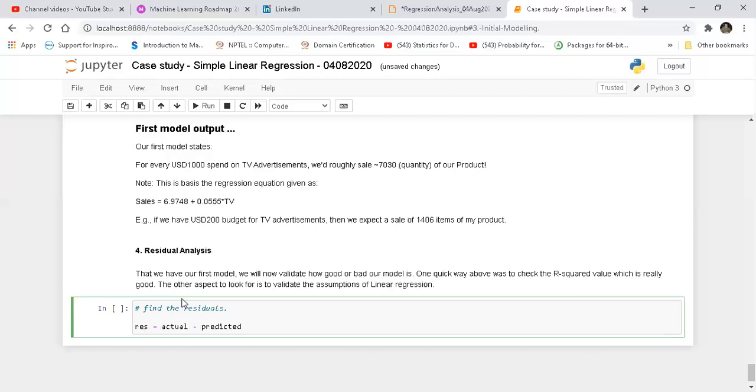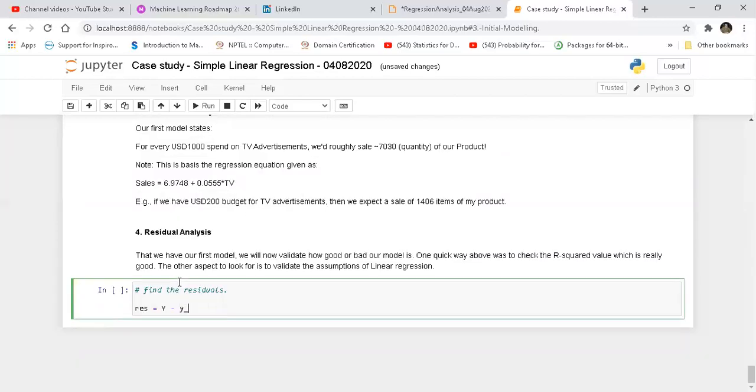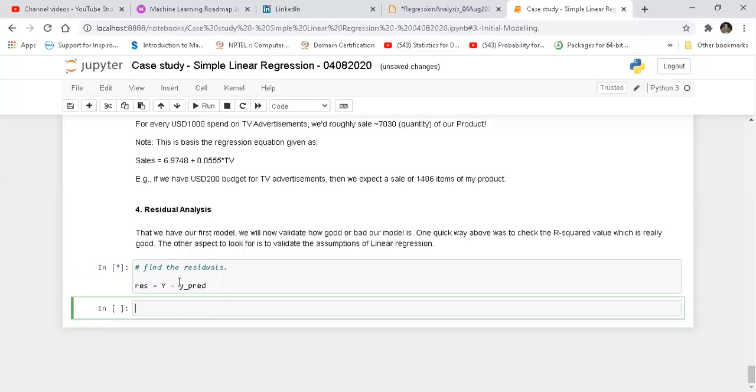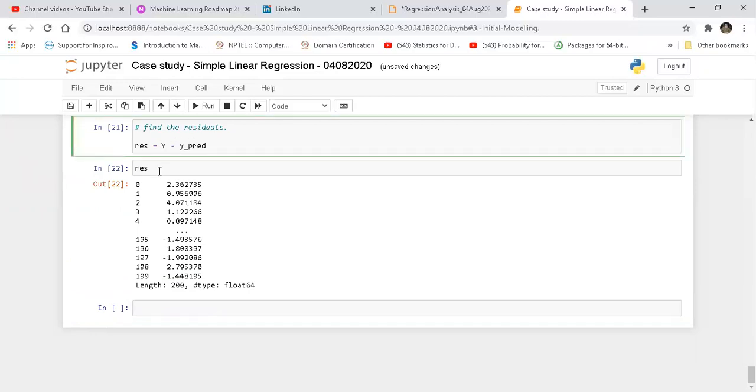What is the actual value? y, the series that contains my actual values. And the predicted value is what I have just predicted over here, written as y_pred. So this is my residual. Simple as it sounds. If I print this, I get the residuals. This value, 2.36, is basically the difference between the first row of y and the first row of my prediction.